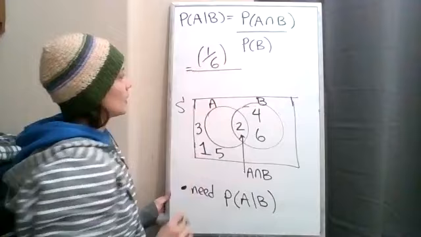Okay, probability for B. B contains 3 elements, and divide by the full space to get its probability.